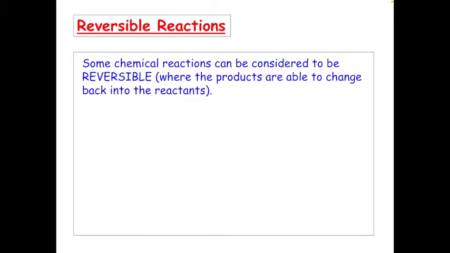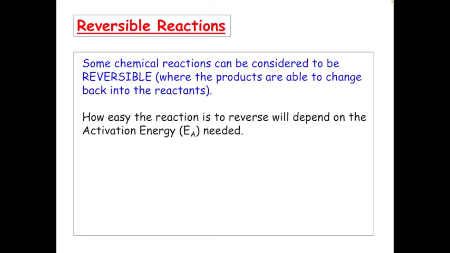So we said some chemical reactions can be considered to be reversible, and that's where the products are able to change back into the reactants. Most reactions are not reversible, but there are a lot that are. How easy it is to reverse will depend on the activation energy.